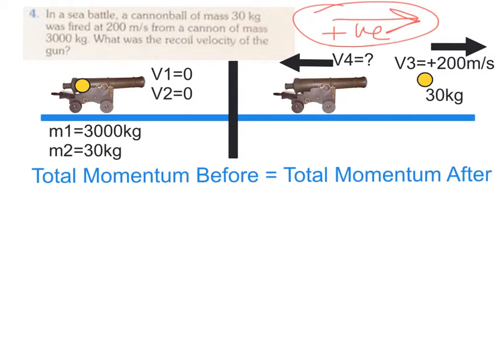So what we're saying here is that m1 v1 added to m2 v2 equals m1 v4 added to m2 v3.